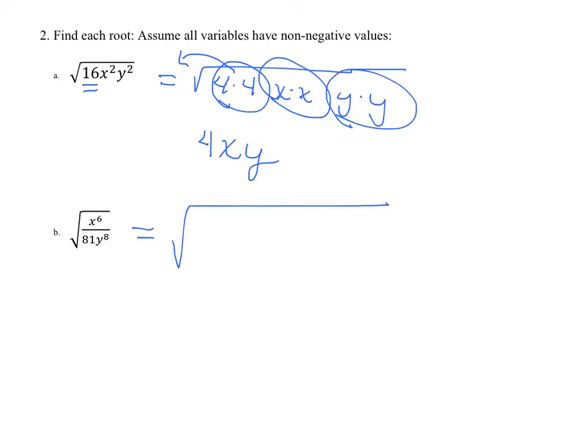Now let's do this next one. If we think about it, this becomes, and you don't have to write these out, I'm just trying to give you a visual of this. I know, especially since I'm crazy and I'm writing out 8 y's.